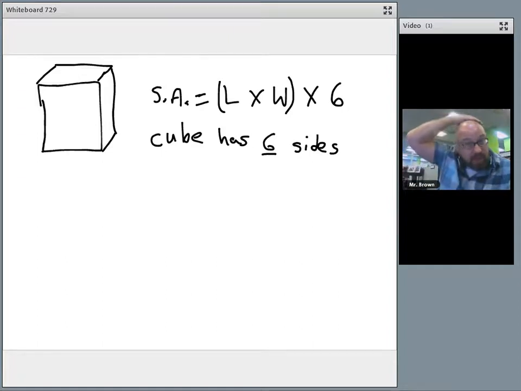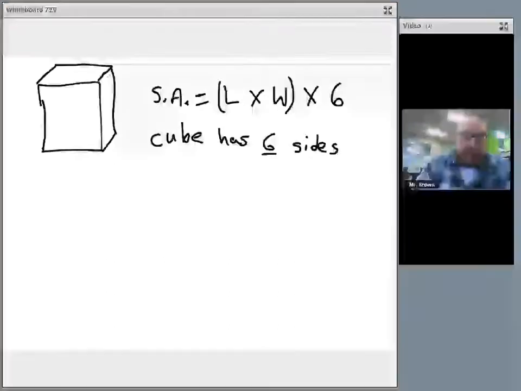Now, if your pieces aren't uniform, you're not going to multiply. Add each side together to get your surface area. You would have to add all 6 sides if you didn't cut your pieces evenly.